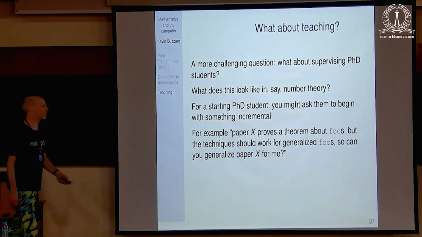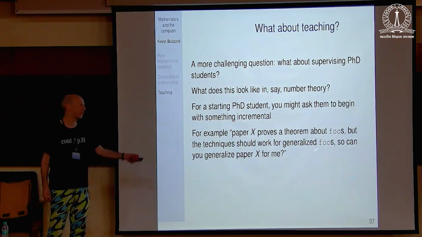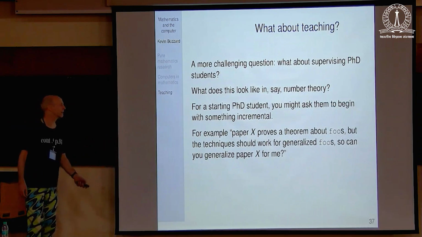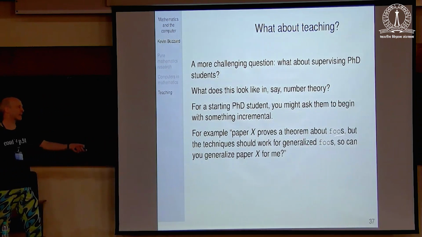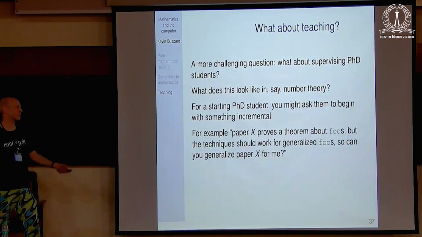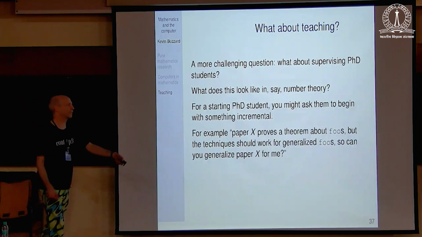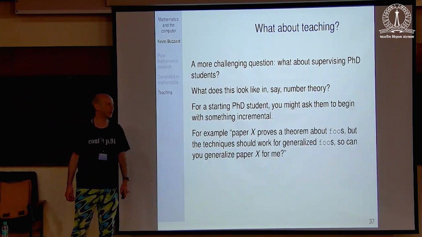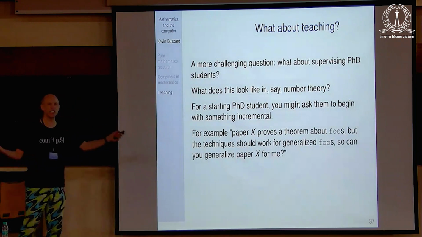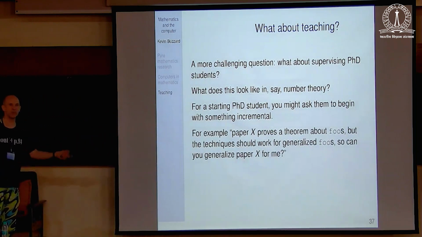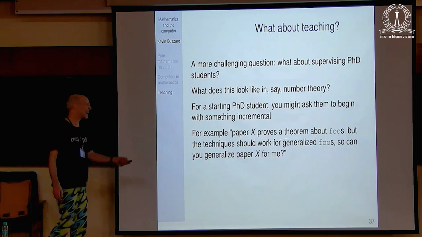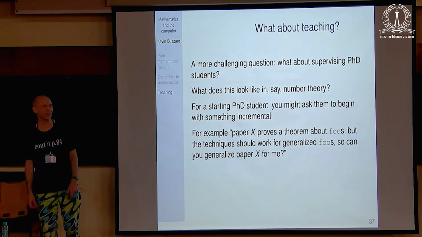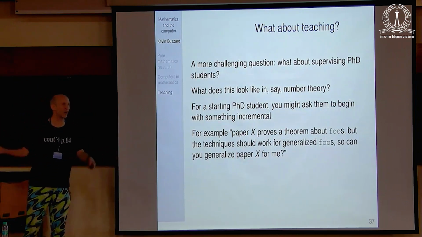20 years ago, there was an excitement about foo theory. So foo is a mathematical thing. There's a foo theory, and there was a great paper in foo theory called Paper X, and it proved a famous theorem about foos, the main theorem of foo theory, the fundamental theorem of foo theory. But since then, there have been developments, and now there are generalized foos, which are different objects.